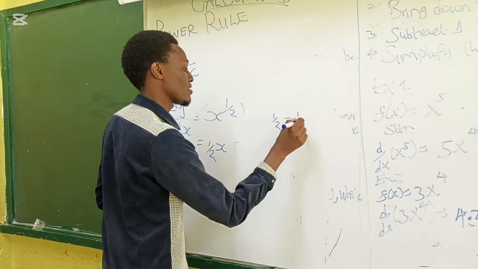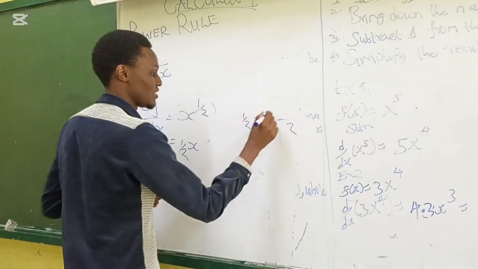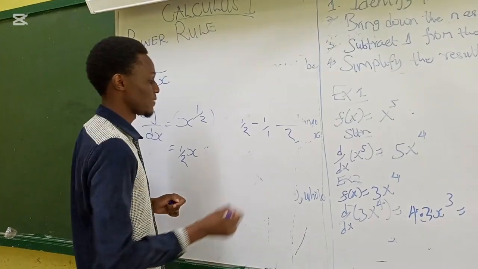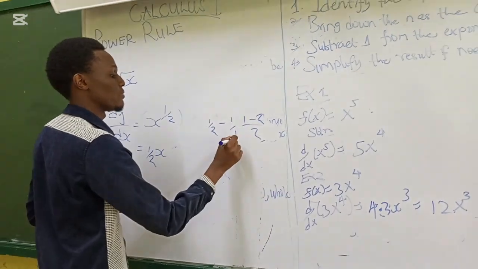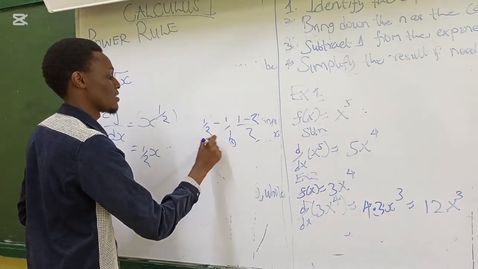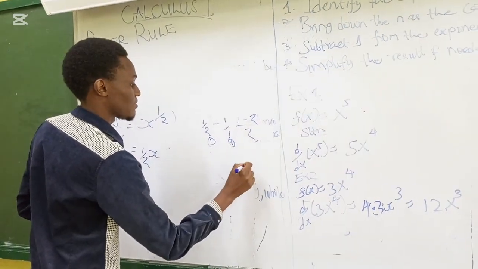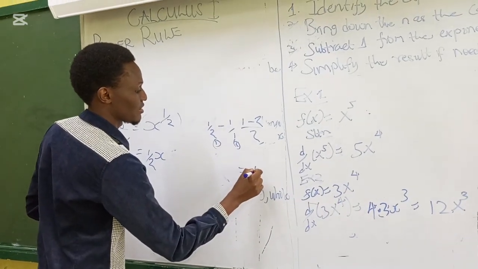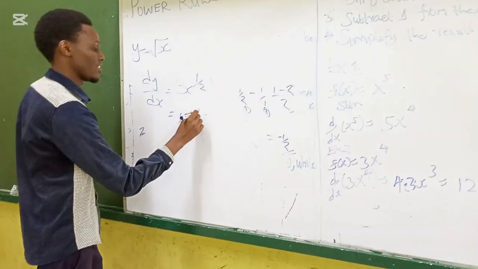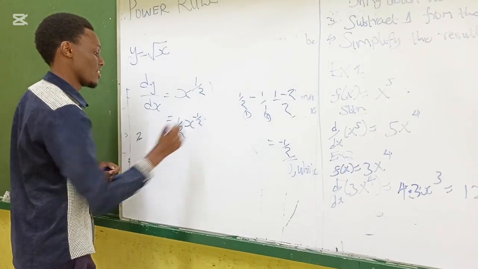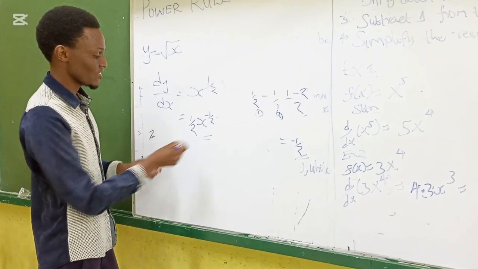Half minus 1, the LCM is 2, so here you get 1 minus 2 over 2, which is negative half. So you bring here negative half. I don't know if I'm right, but this would be our answer.